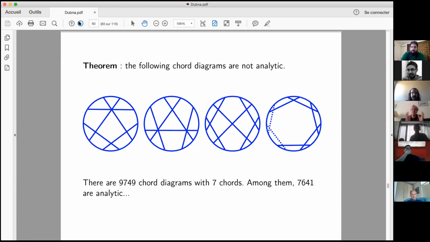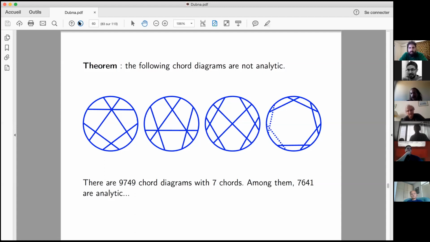I wanted something like an if and only if. I wanted a characterization like: a diagram comes from an algebraic curve if and only if it does not contain this or this or this. And so far, I did not have such a situation. I had examples of chord diagrams that would not come from algebraic curves. I had a computer program.